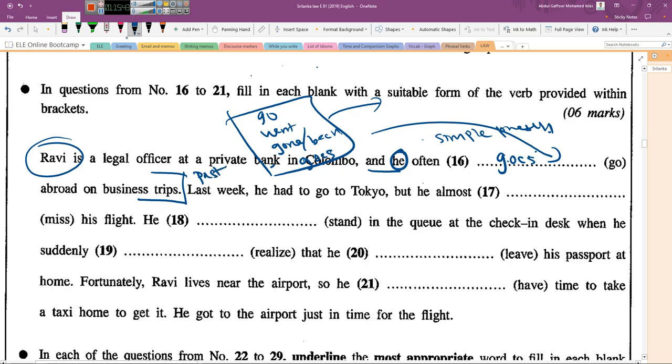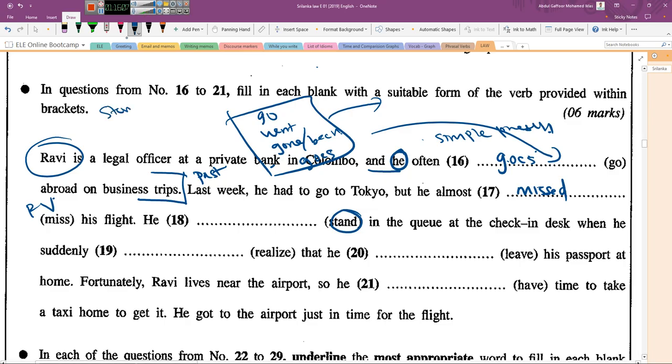So last week he had to go to Tokyo, but he almost missed his flight, right? He, then you see missed, right? Because this is a regular verb. But here stand means this is an irregular verb.